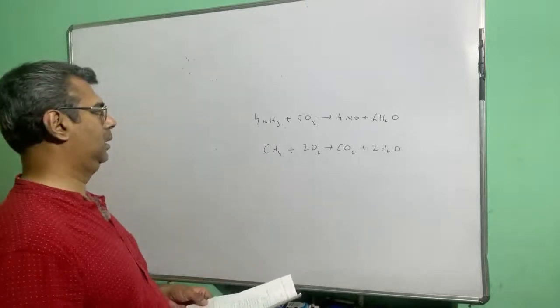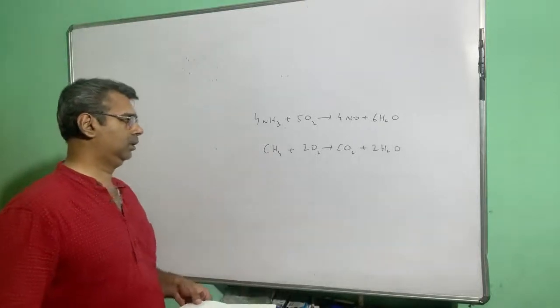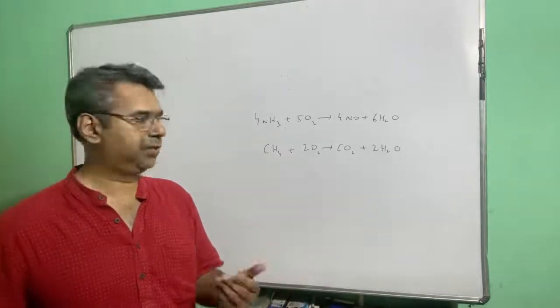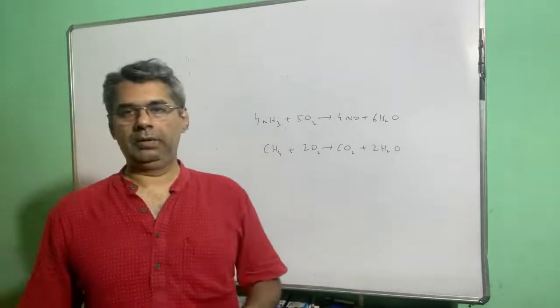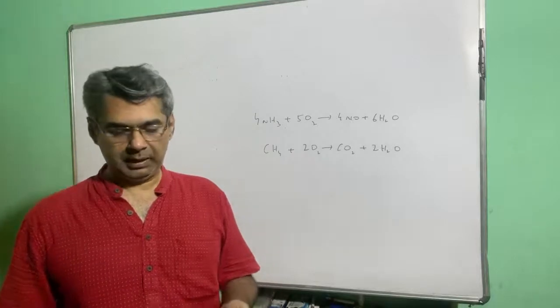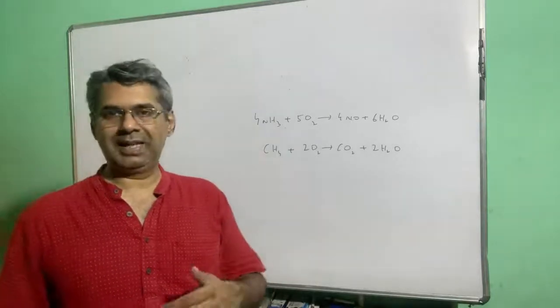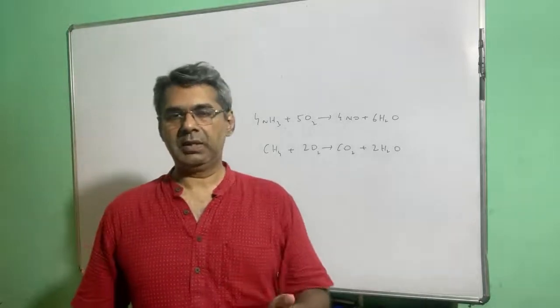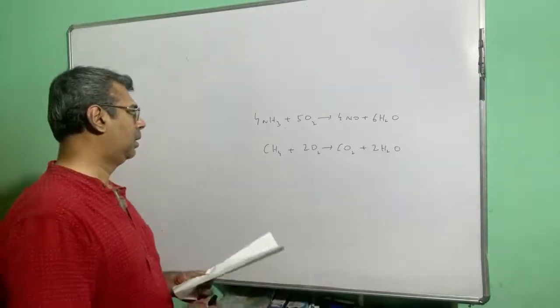Now let us go one step further and see one extreme example of displacement. In fact, it is actually double displacement, and also let us have a look at one extreme example of redox reaction.